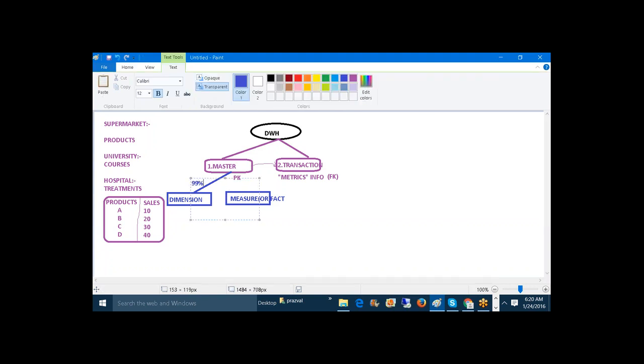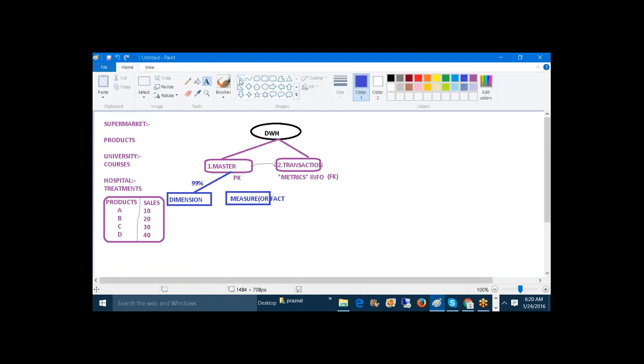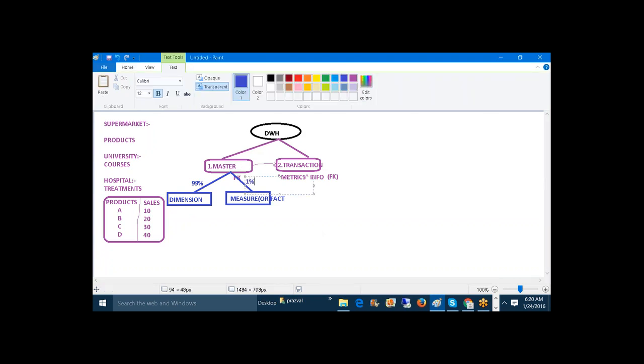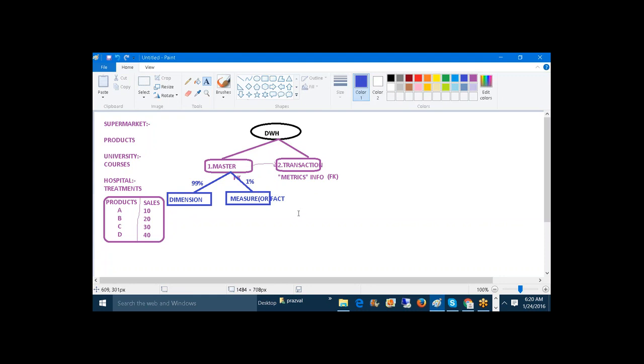In 99% of cases, we will use master as a dimension, and in 1% of cases, we will use master as a measure or fact. So in other words, master is nothing but a dimension.